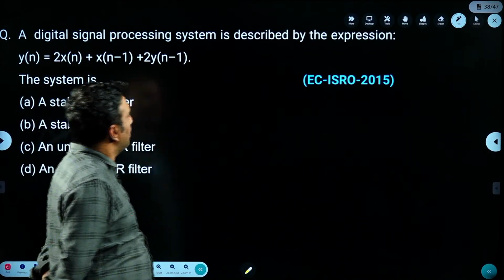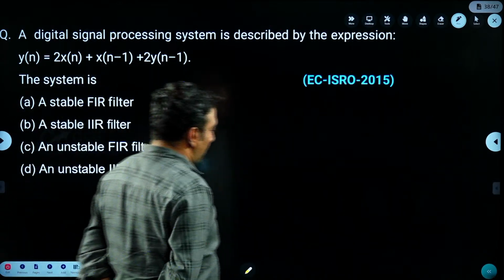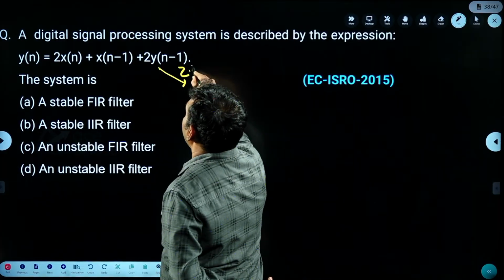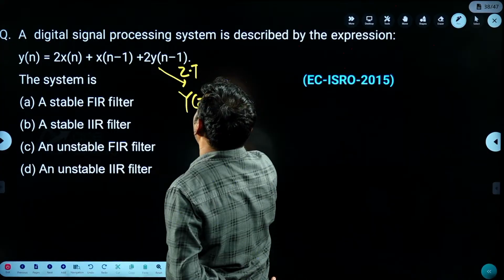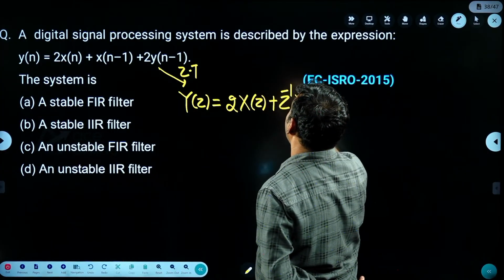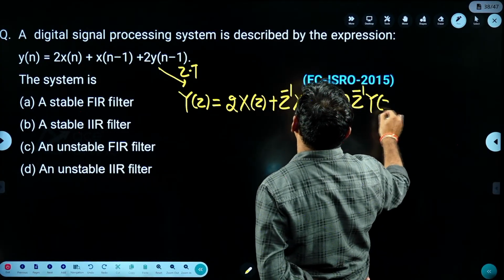A DSP system is described by this expression. Is the system FIR or IIR, and is it stable or unstable? That is the question. When you take the Z transform here, Y(z) = 2X(z) + z^-1 X(z) + 2 z^-1 Y(z).